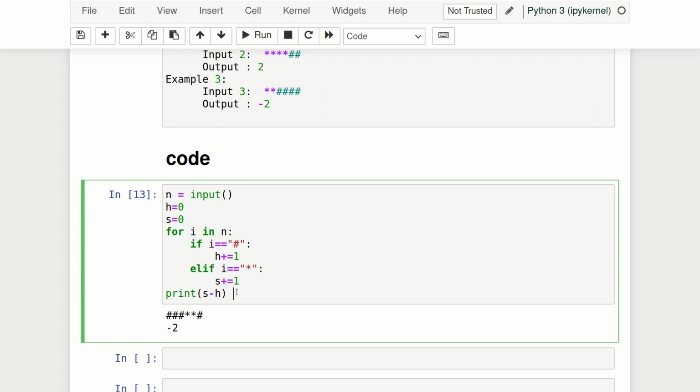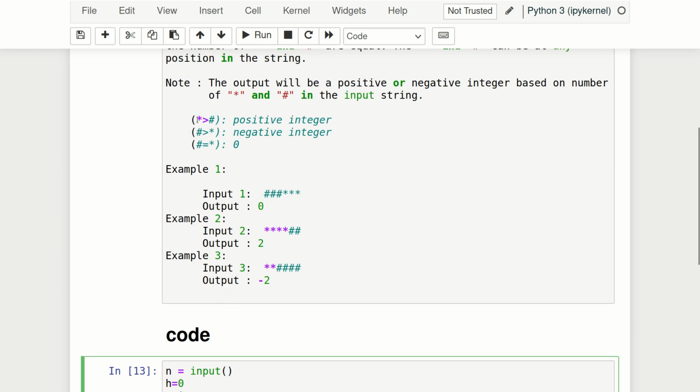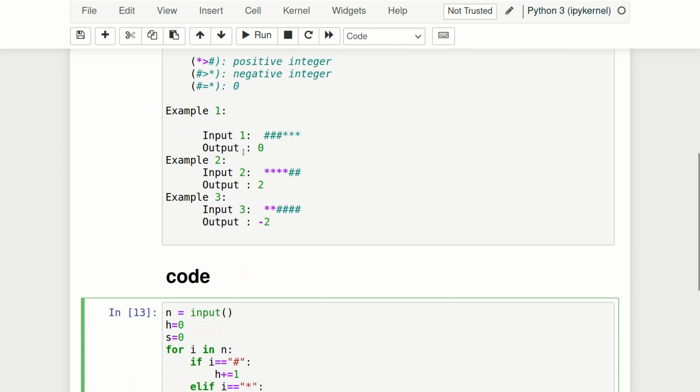Okay, and if you are facing a problem in this print, then you can use your own if else. You can do it like this: if star is greater than hash, do this; if hash is greater than star, do this, and if both are equal, print 0.